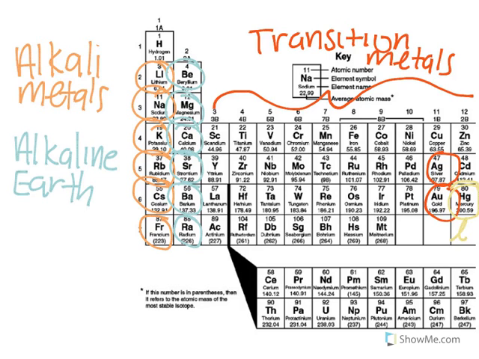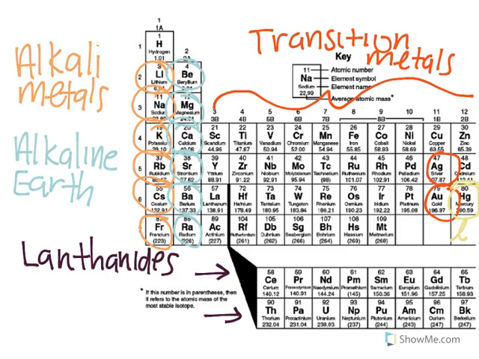And I'm just going to go to your F block at the bottom right here. So we have our lanthanide series and our actinide series at the bottom. So we can label these. So lanthanide is, you can spell this if you'd like. Your periodic table might have it labeled as well, and then our actinides are at the bottom right here.